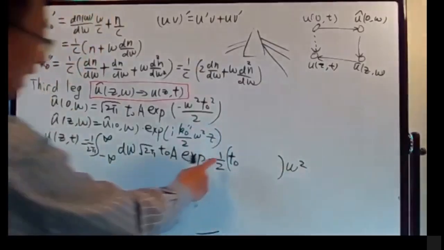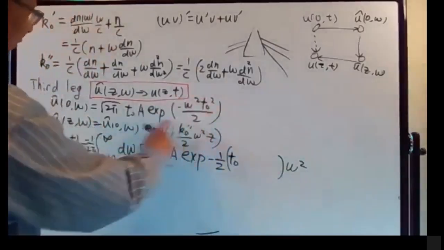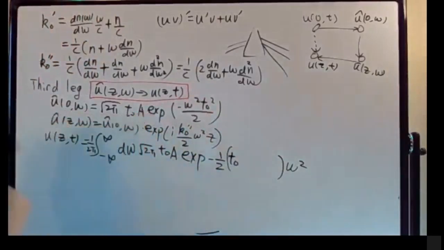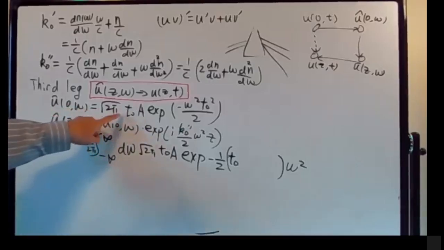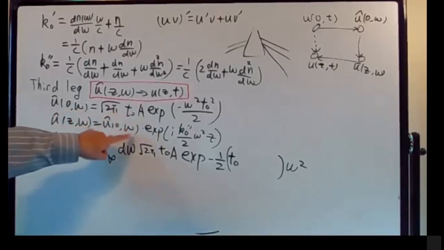Because we want to take the inverse Fourier transform of this frequency domain expression, we need to substitute u0 omega.